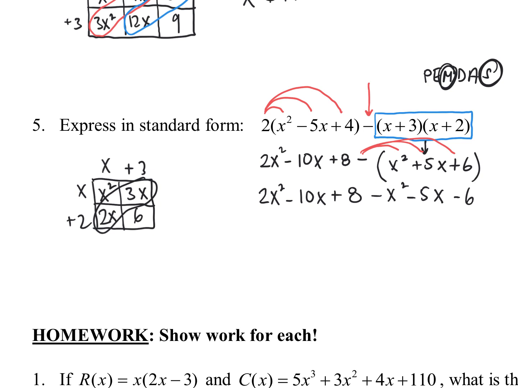All right, now we're ready for like terms. So I have a 2x squared minus x squared, so that's going to just become a 1x squared. I have a negative 10x and a negative 5x, which will add to a negative 15x. And then lastly, I have my 8 minus 6, which is a 2.